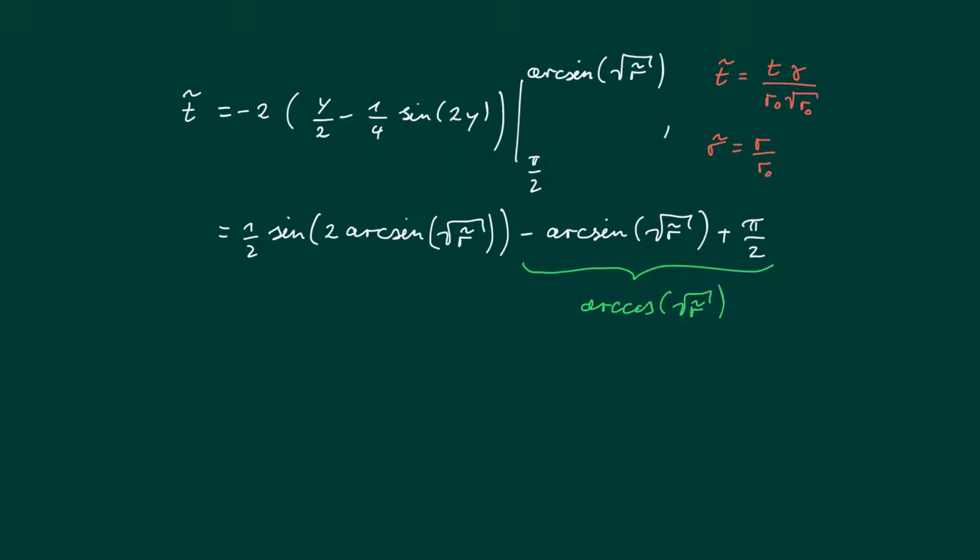And this expression here can be simplified by first recalling that sine of 2 times something, let's call it w, is 2 times cosine of w times sine of w.